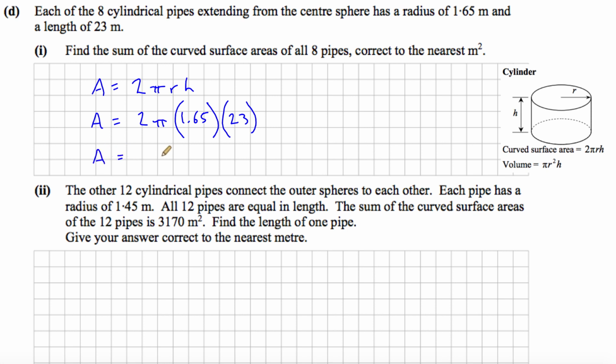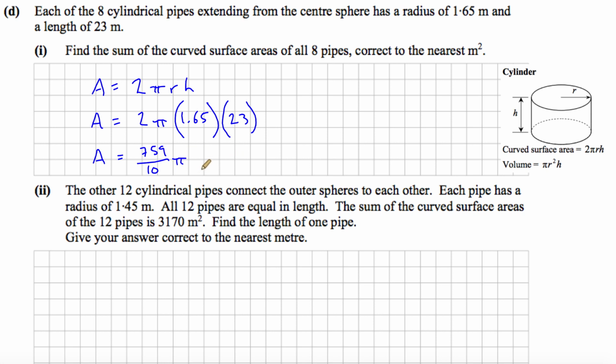Okay, so when I put all of this into the calculator, that gives me 759 over 10 pi.